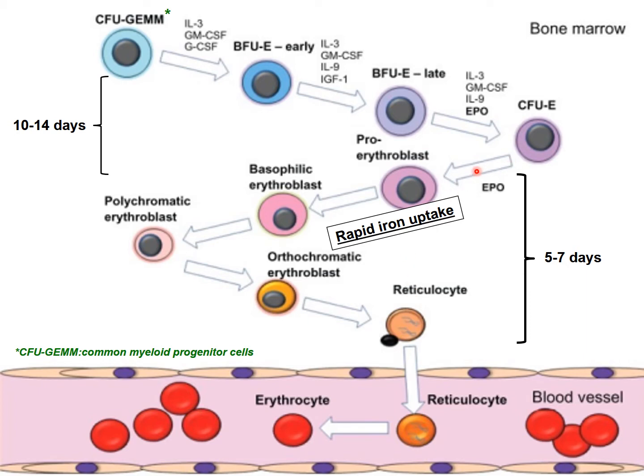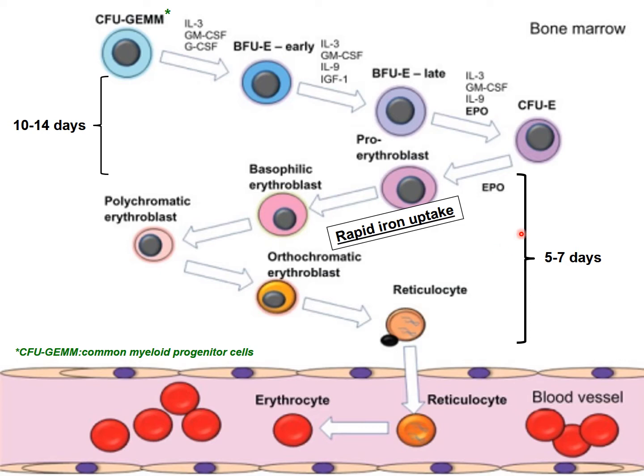Now, in the proerythroblast, basophilic, and polychromatophilic stages, more and more hemoglobin is accumulating in the cytosol. This is why the iron uptake will increase. Another important point: to form the early colony-forming unit we need almost 2 weeks, and from this colony-forming unit we need about 5 to 7 days to produce reticulocytes.